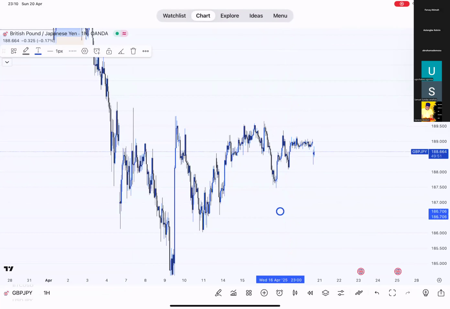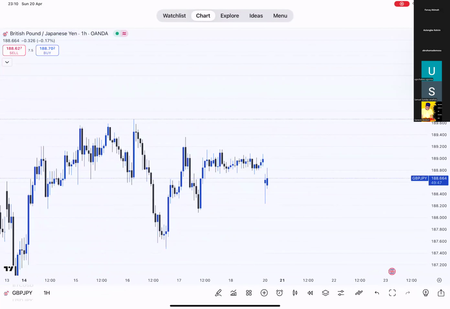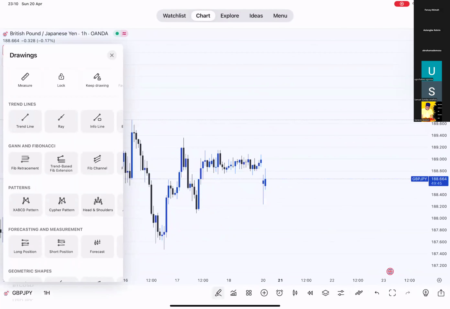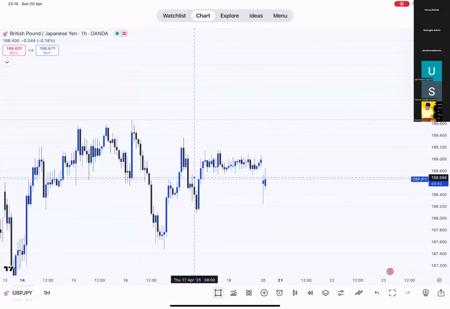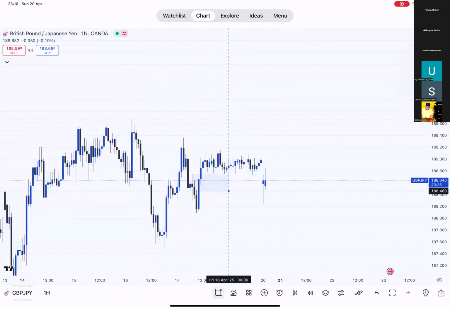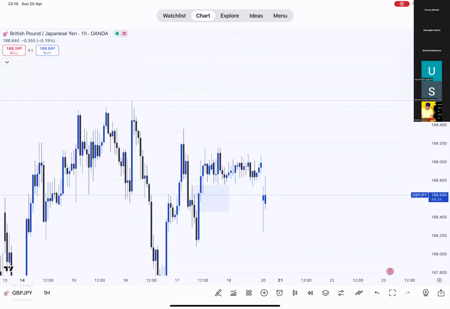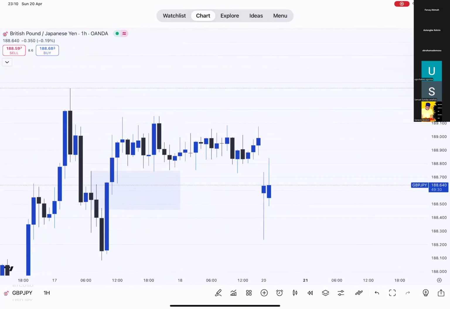So I want to know how you identify one breaker block. Do you know that the breaker block is already mitigated? Can't you see it?